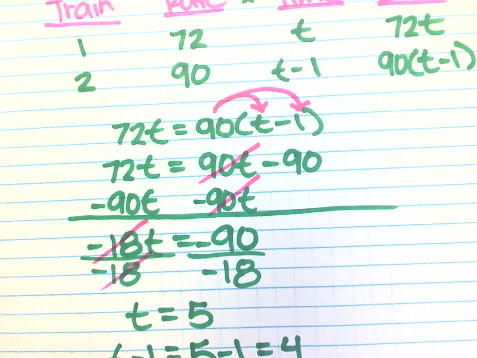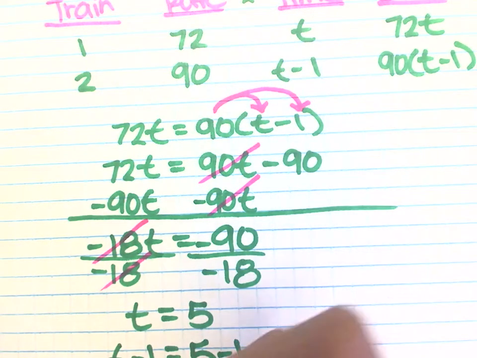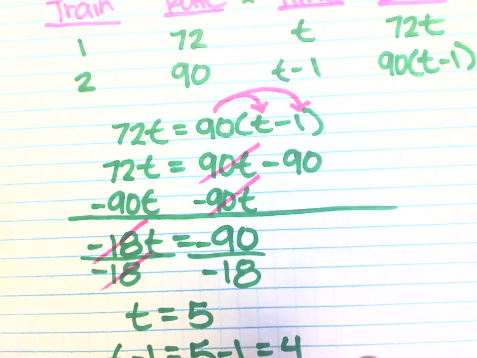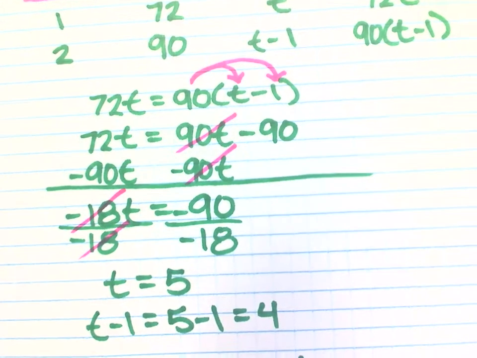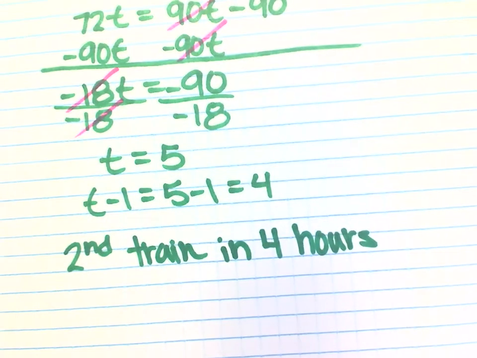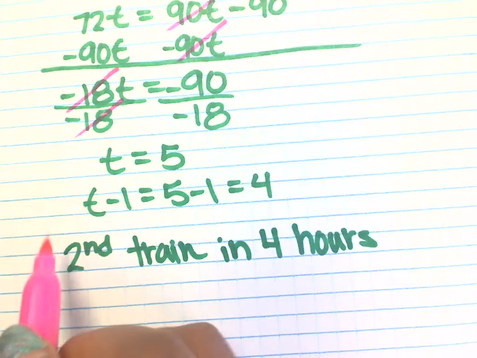So in conclusion, I can tell my answer because it asked me how many hours will the second train take to catch up to the first train. The second train will catch up to the first train in 4 hours. That number 4 that we got.